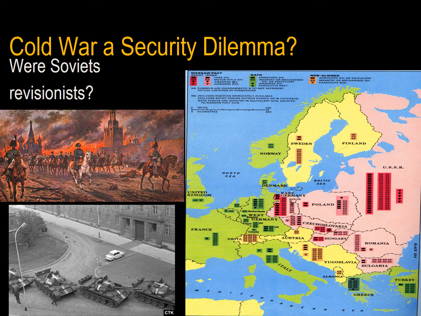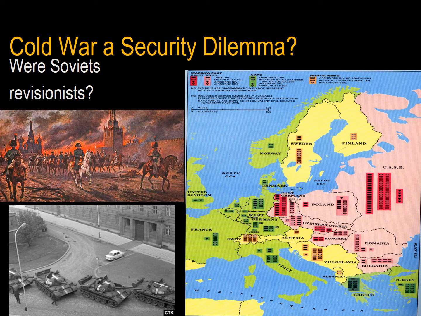There is the very large question of whether the Cold War was a security dilemma. Was the Soviet Union intent on invading Western Europe, or was the Warsaw Pact a defensive buffer against continuous attacks on Russia by the Swedes, by Napoleon, by the Wilhelmine Germans, by the Nazis?